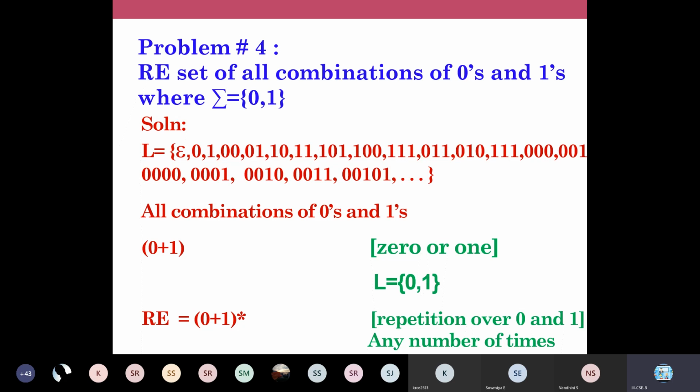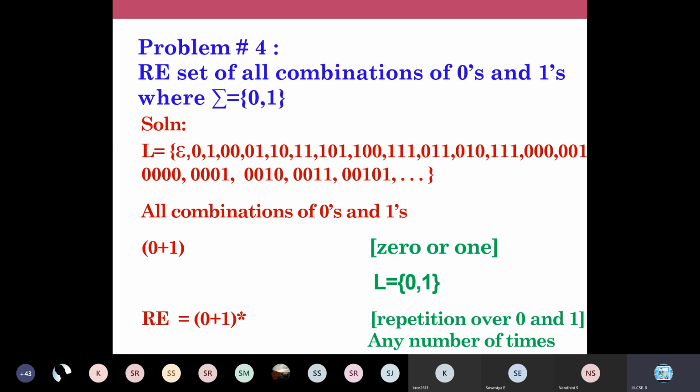So for this, if I want to write a regular expression, how to write? In the previous problem, for the set of all combinations of A's, we wrote it as A star. For the set of all combinations of 0, we wrote it as 0 star. So for the set of all combinations of zeros and ones, at any point of time we write the symbol 0 or 1. Whatever I like, I'll write a 0 or 1 at any time to frame the string.